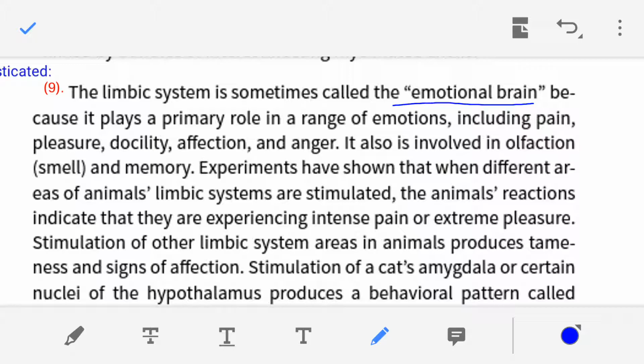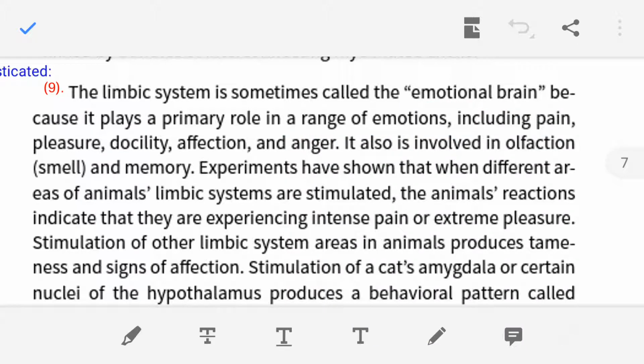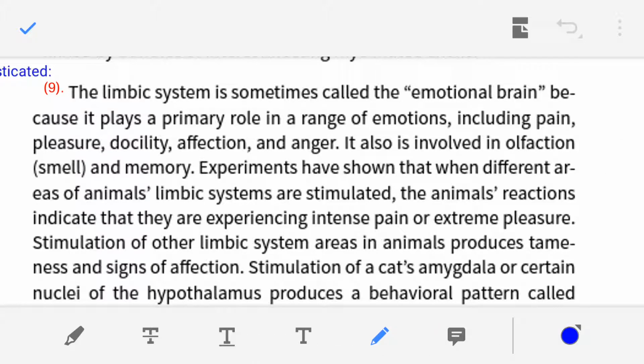That's why the limbic system plays a primary role in a range of emotions. For example, the feeling of pain, then the feeling of pleasure when we are happy, then docility.